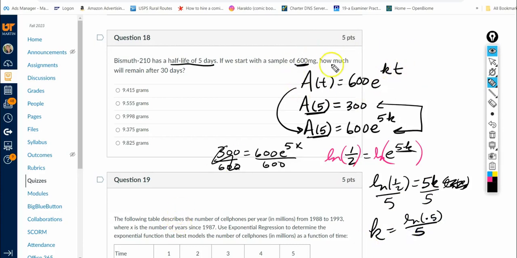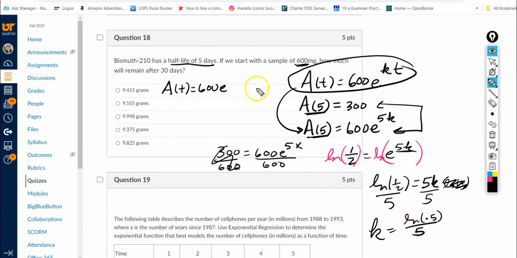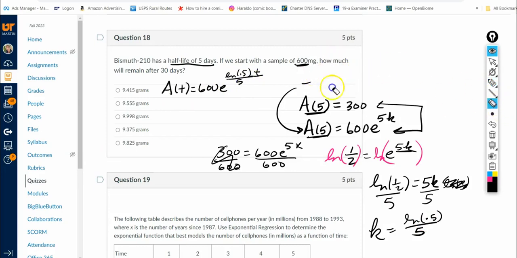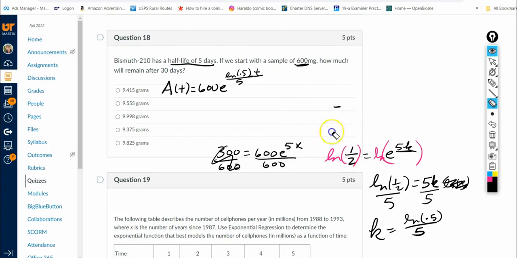So I can come back to my original equation here. And k is going to be ln of 0.5 over 5. And then we're going to have t up in here. And then finally, the question is, how much are you going to have after 30 days?